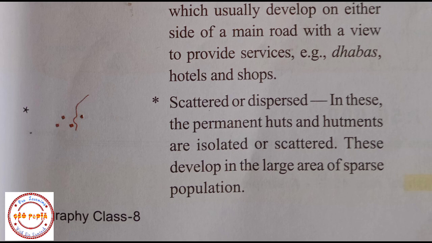Besides this, if the people of that region depend on agriculture or farming, then also they live apart from each other so that they can give enough land for cultivation or to grow crops. They need a lot of space to do agriculture or farming, so that's why they live apart from each other.